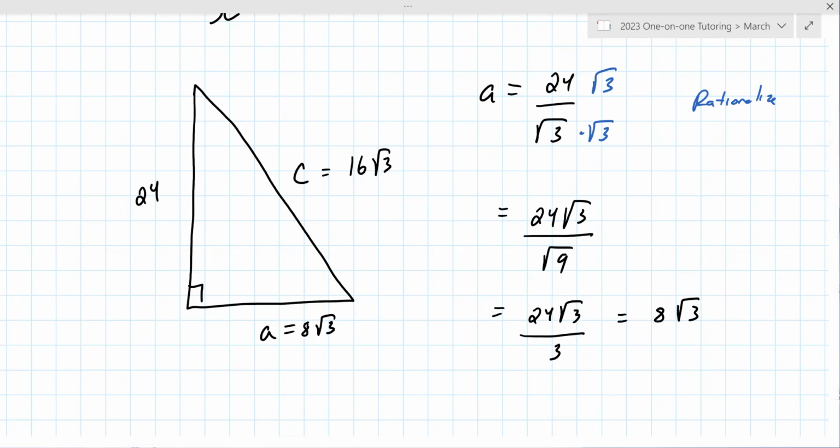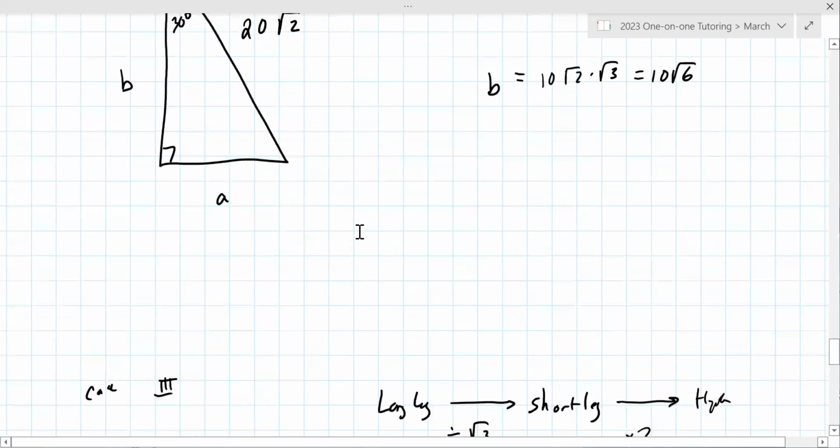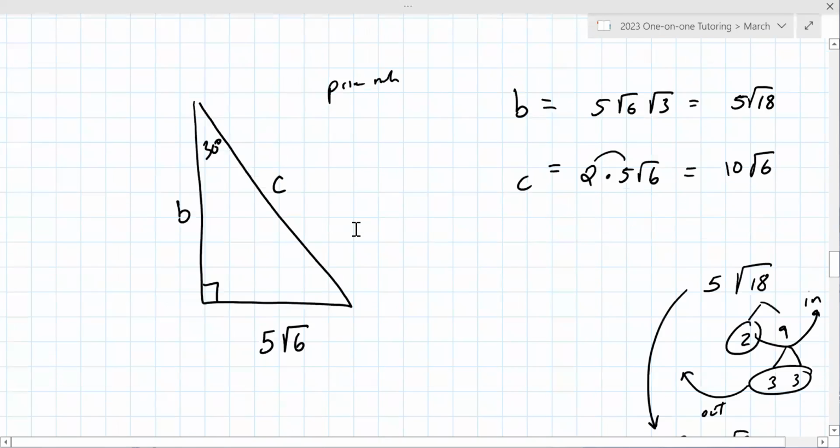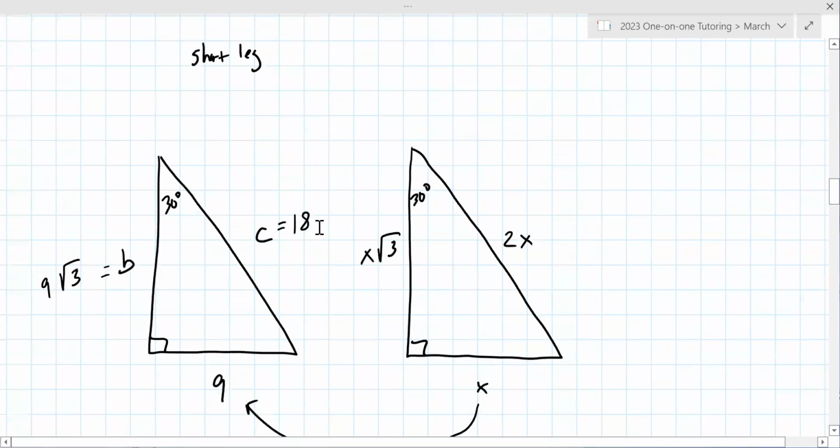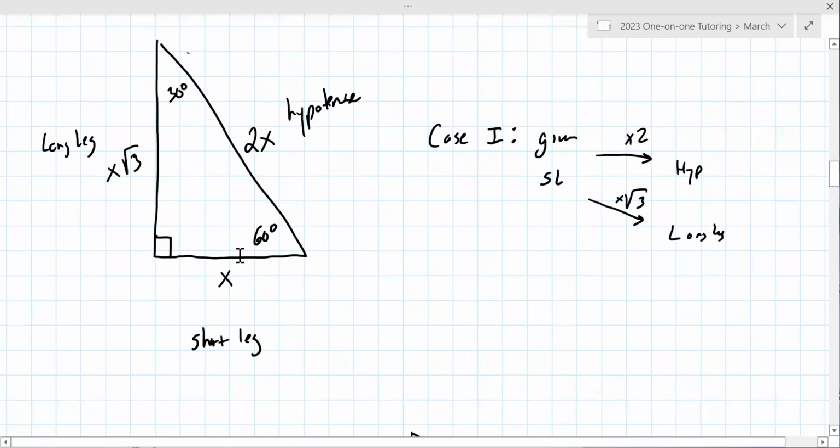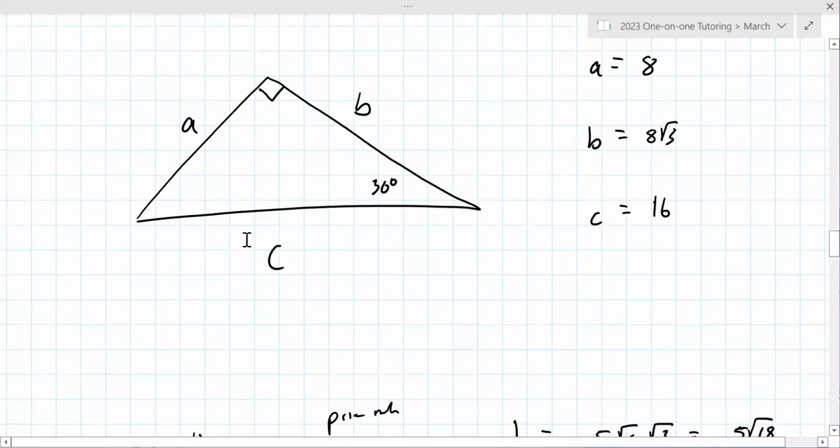It's not that hard, but at the same time it's kind of like, whoa. So you have to remember the 3 cases here. Case 1 is the best case: I give you the short leg, you find the hypotenuse and the long leg right from it. You multiply by 2, you multiply by the square root of 3.